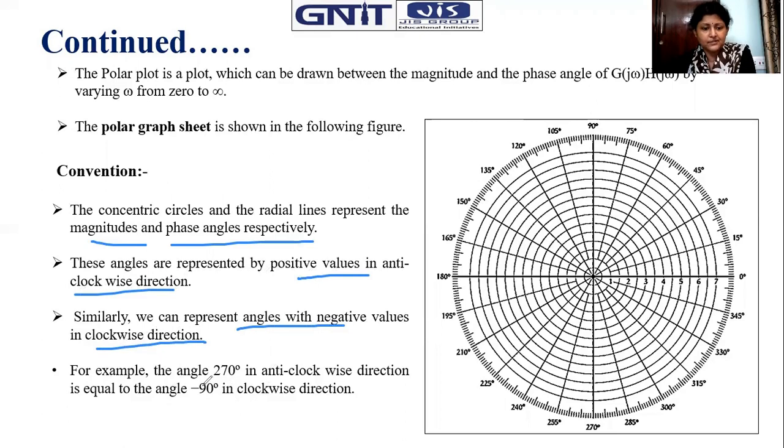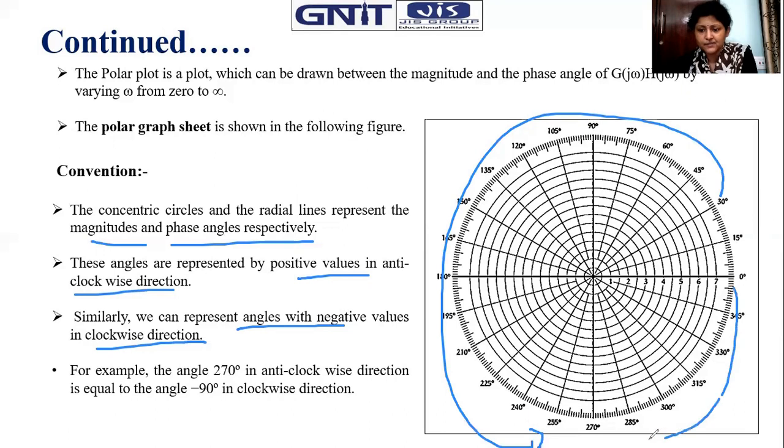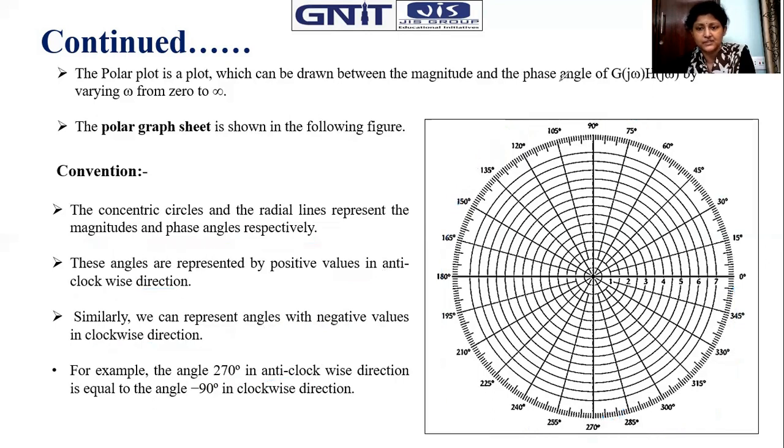For example, an angle of 270 degree anti-clockwise, moving this way, is the positive angle representation, and the same angle is represented by minus 90 degree, the negative angle representation, clockwise. That is written over there, so I have explained it. This is all about the polar graph sheet.